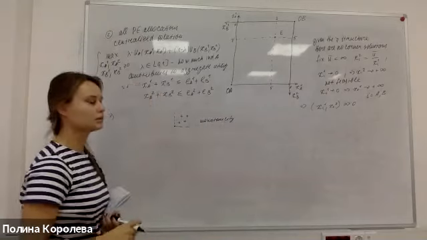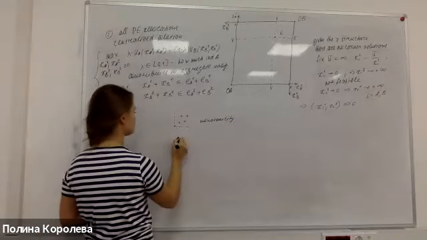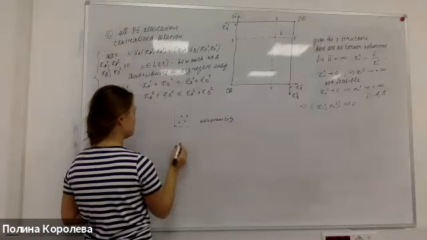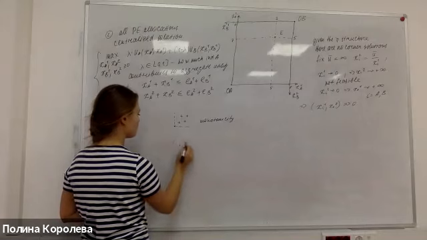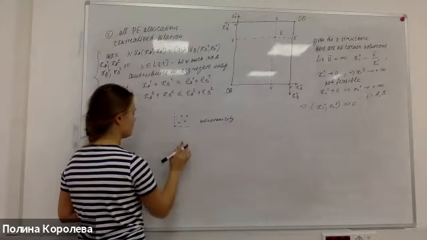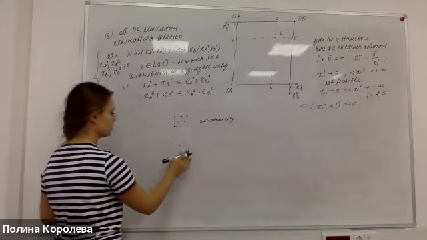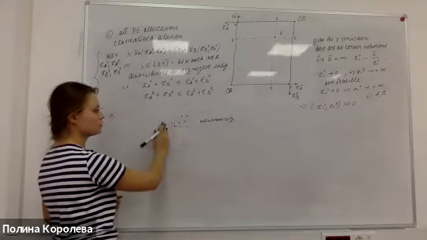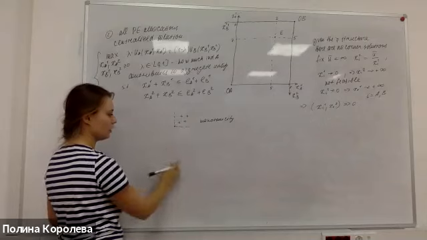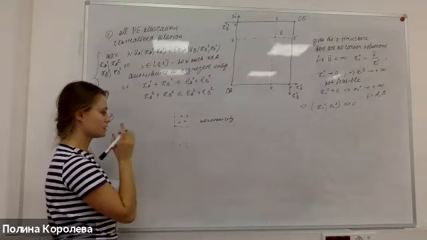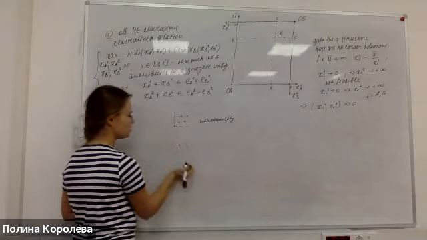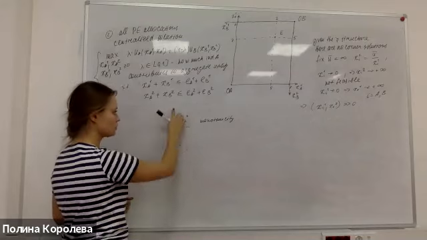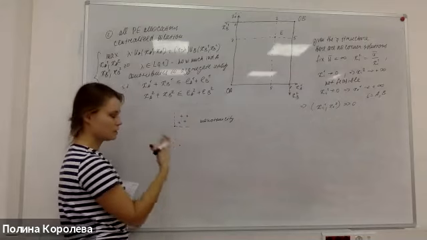What does local non-satiation mean? That means that not only to the right and up, but somewhere is located a point that is strictly better.